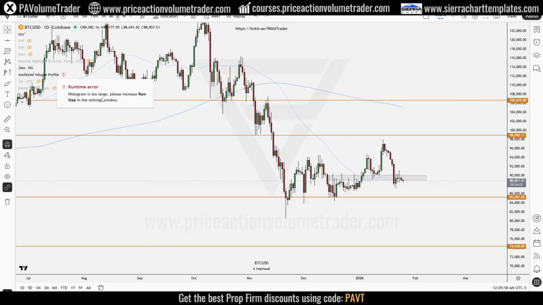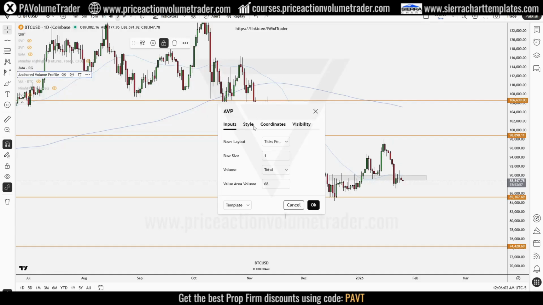And that is histogram is too large, please increase row size in the settings window, okay?